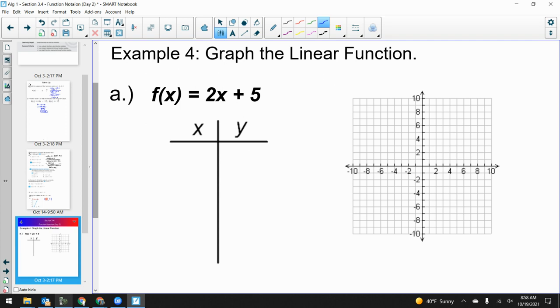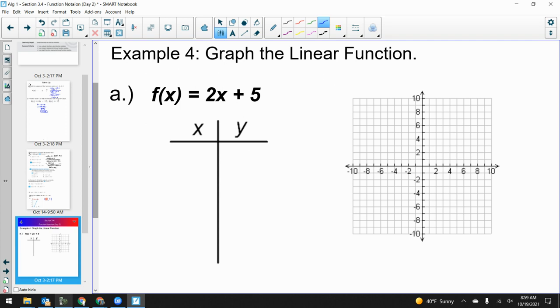Now, I could pick any negative numbers, I could pick any positive numbers. The only stipulation is, for right now, you've got to pick 5, and they must fit on your graph. Like, if I wanted to be funny and pick 1,000, okay, 2 times 1,000 is 2,000, plus 5 is 2,005. Does that fit on my graph? No. So that's not a valid coordinate, okay?